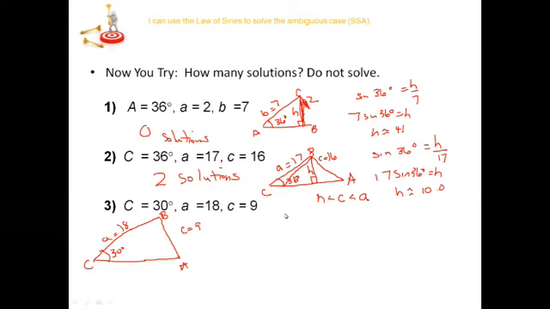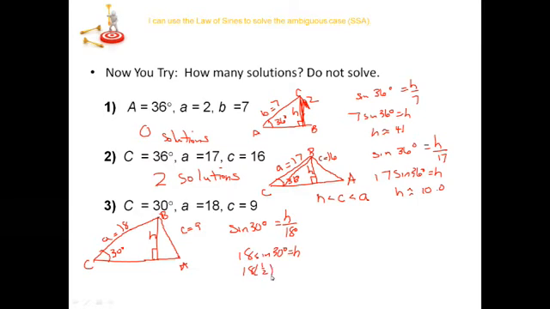Okay? Once again, let's drop my altitude, find out how big my height is. So I get sine of 30 degrees equals h over 18. 18 sine of 30 degrees equals h. Those of you that are really quick, the sine of 30 degrees, as you know, is 1/2.